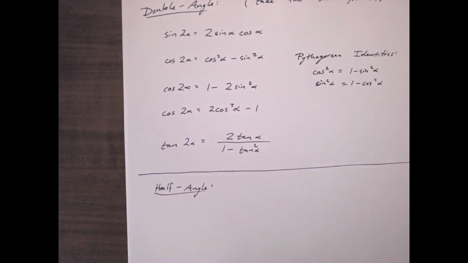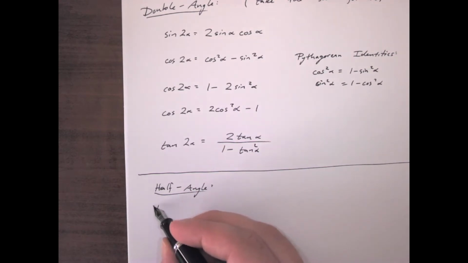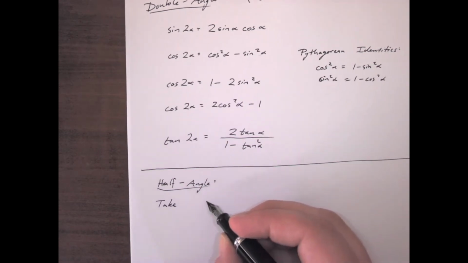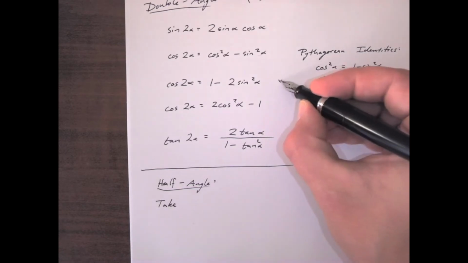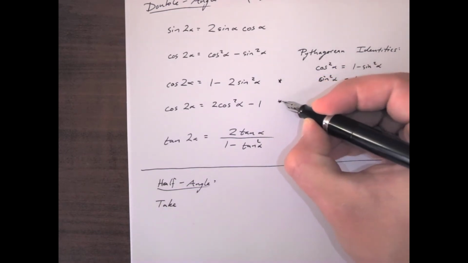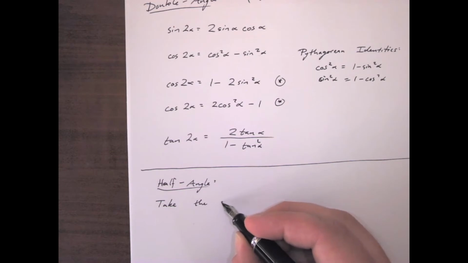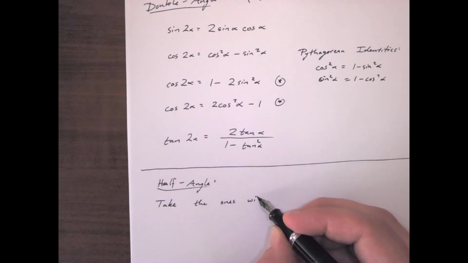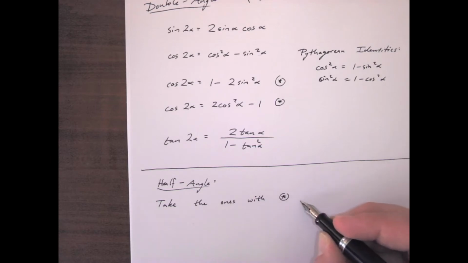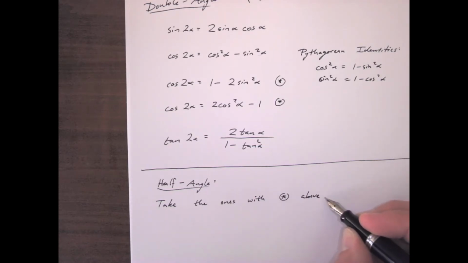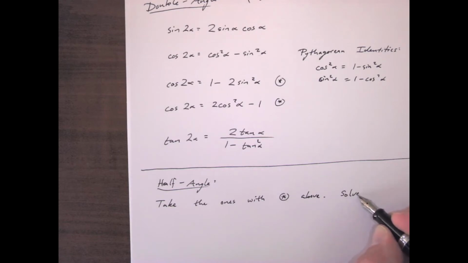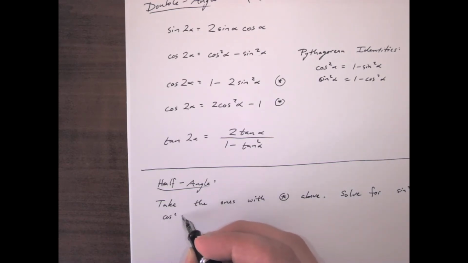So, half angle. The way this is going to work is we're going to put little asterisks next to the 2, take the ones with the asterisk above, and solve for sine squared alpha or cosine squared alpha, whichever the case may be.